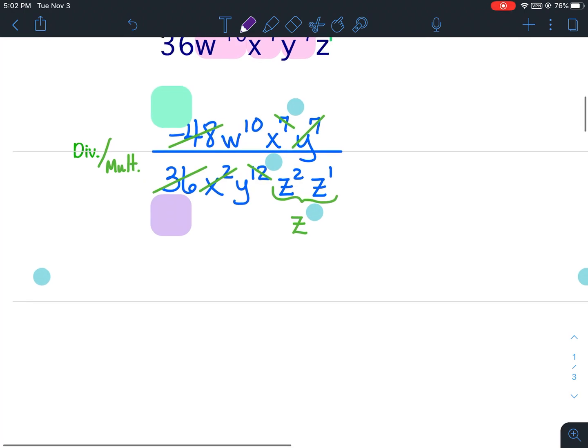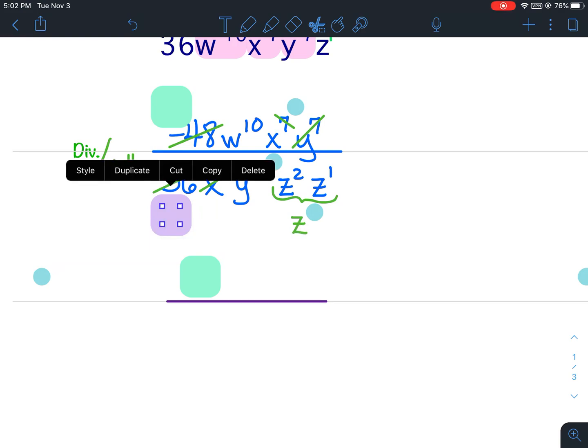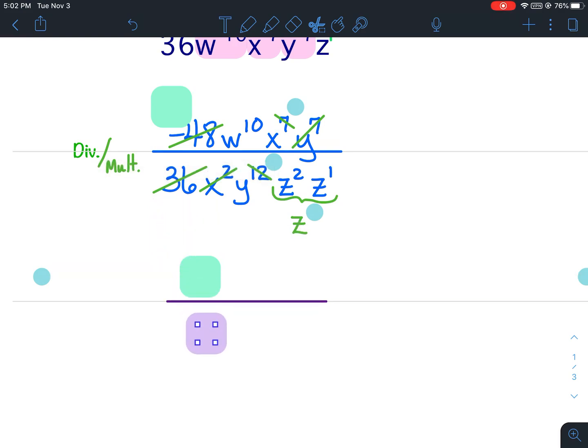All right, so for our final answer, you're going to have that number on top, and this number is going to be on the bottom. Also on top, I have w to the 10th and the x term.